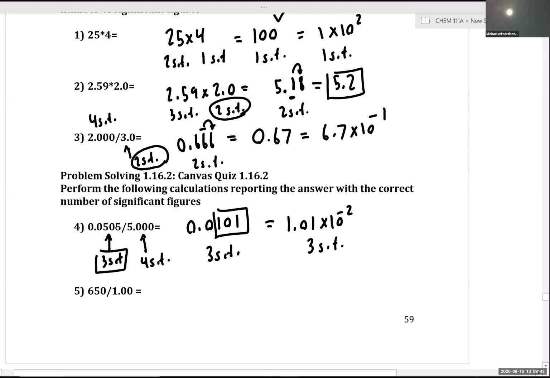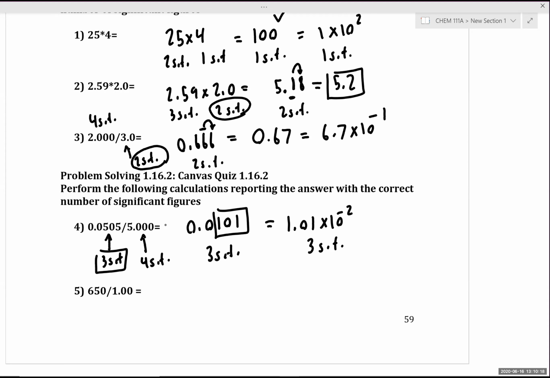So we have a total of 3 sig figs, and as a result, our final answer must have 3 sig figs, because 3 is the least number of sig figs among our 2 values that we've divided. Okay, so if the zeros are after the 5 or a number, then those are significant, but if they're before, they aren't? If they're after a number and after a decimal point, then yes. Okay. Thank you.